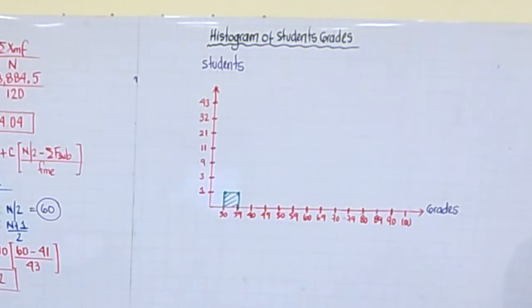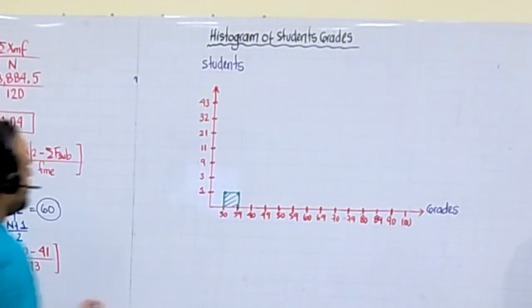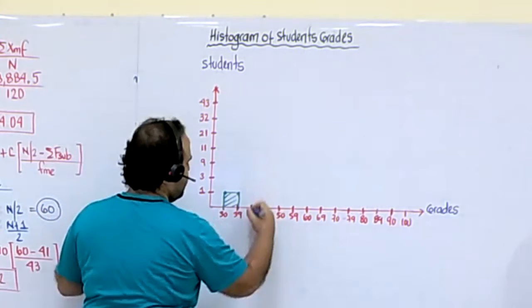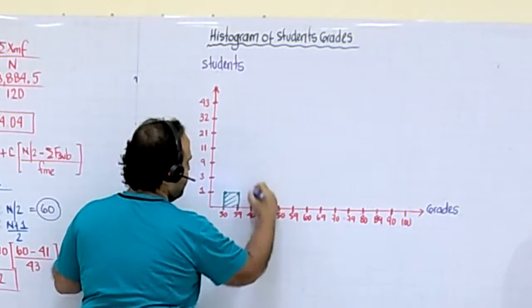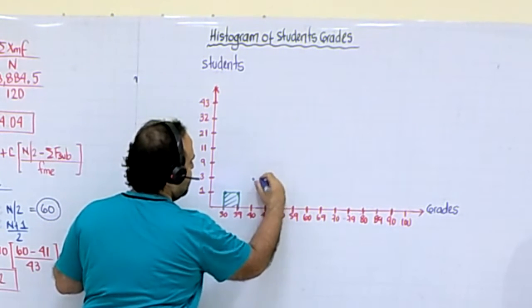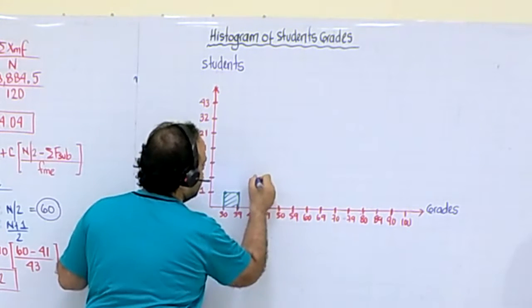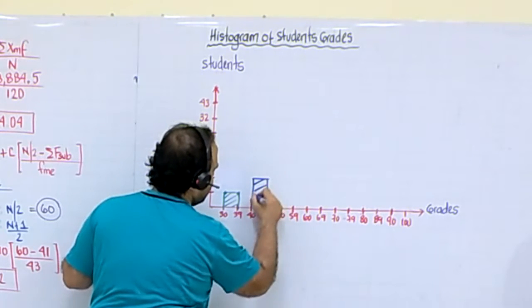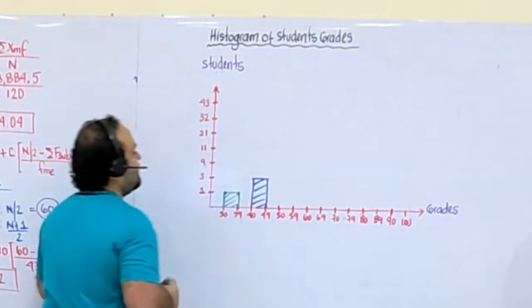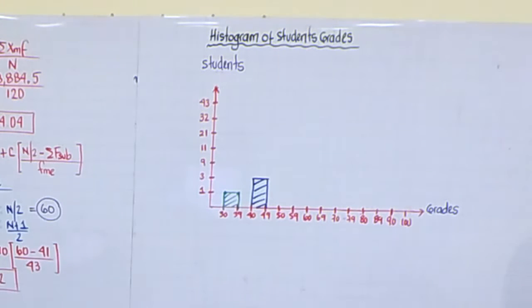40 to 49, that will be 3 units. We got the second one.